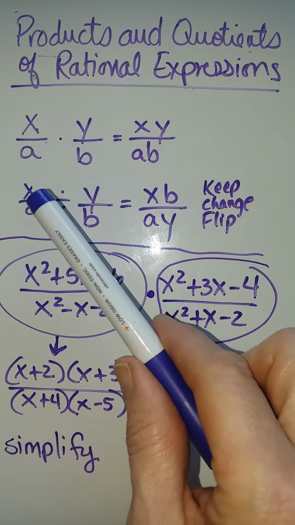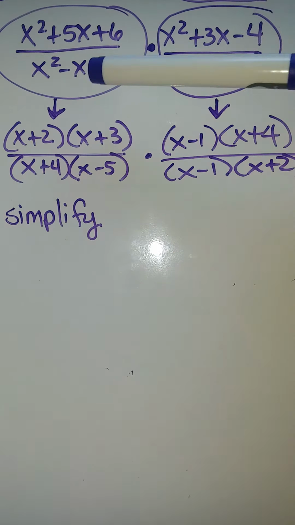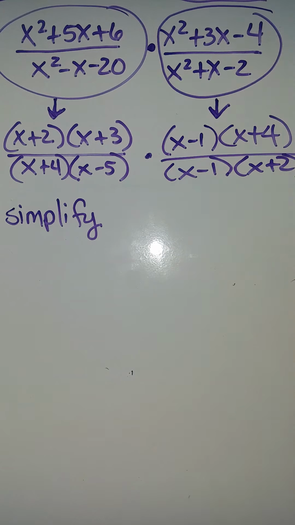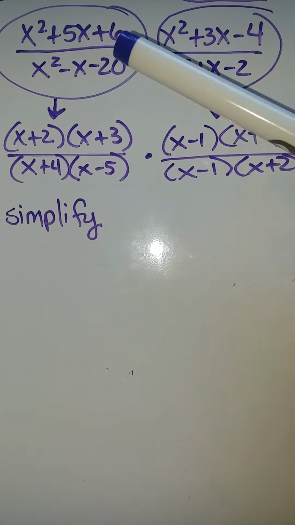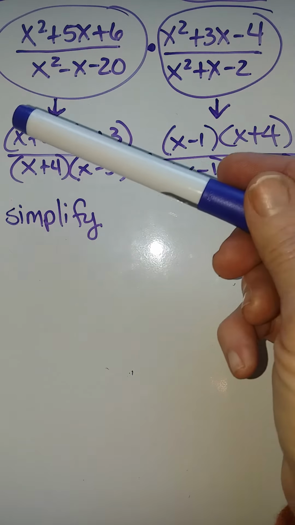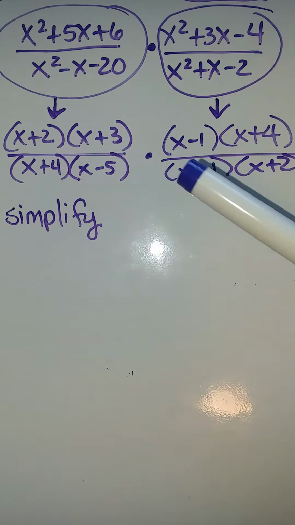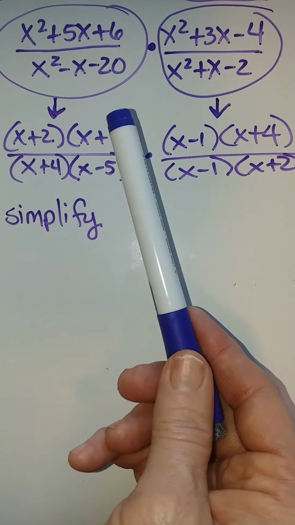All right, bearing that in mind, we're going to look at something just a little bit more complex. We'll take these two ratios of quadratics and multiply them. But I think what's easier for us to do is to simplify each one of these expressions.